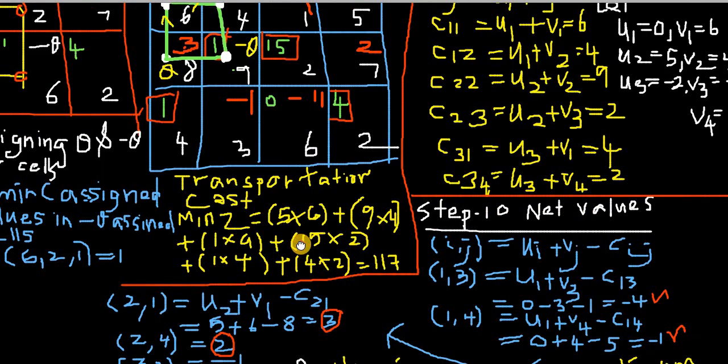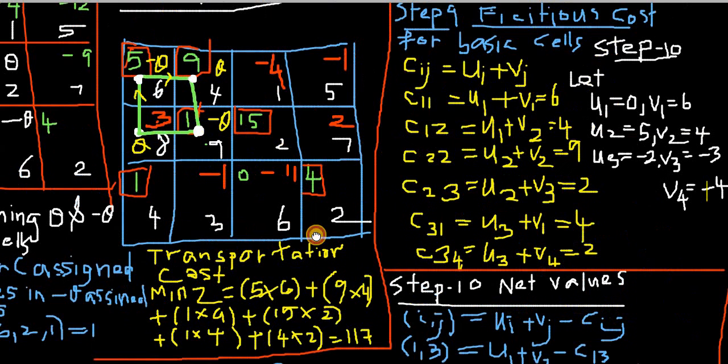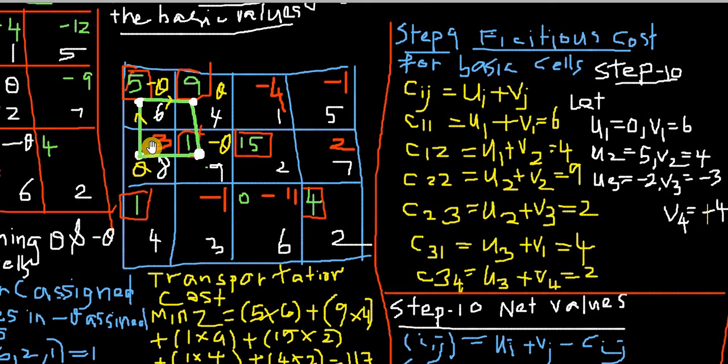In our calculation of the net values, which is the positive? 3 is the maximum positive net value. So in this particular table, we have to start here, and you have to draw the loop.